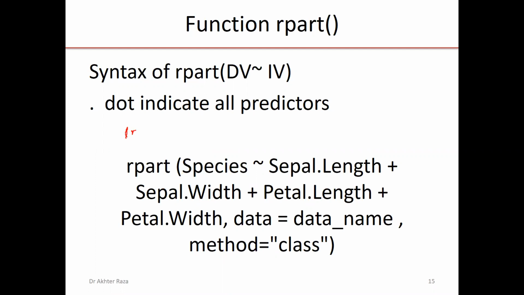In lm, you use the syntax as dependent variable, the tilde sign, then IV1 plus IV2 plus IV3 and so on. So you use the same syntax in rpart. Rpart is another classification algorithm which is referred to as a regression tree. So species is the dependent variable, sepal length, width, petal length, width, data is equal to the data name, method is equal to class. So this is the format of the rpart command.